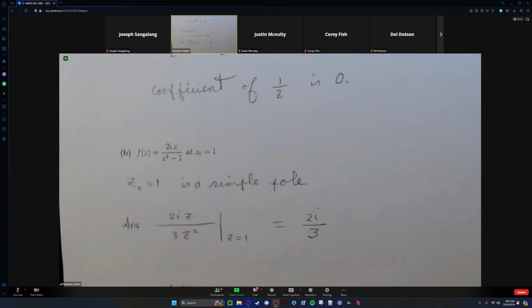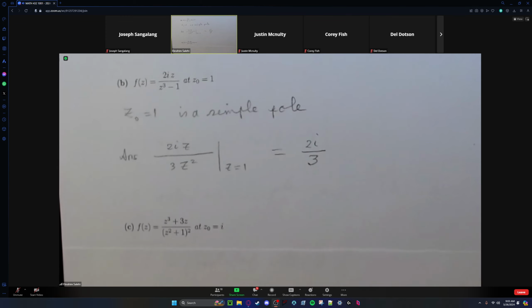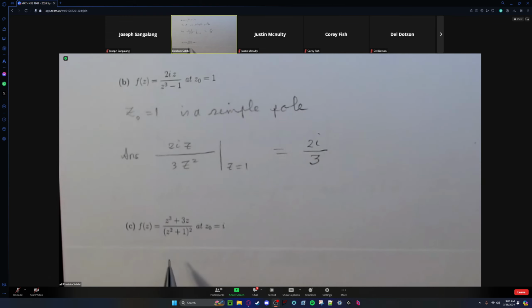Part C. Oh, by the way, this problem had 15 points. Each part has 5 points. Well, again, singularities of this function are zeros of denominator. And zeros of denominator, when z squared is -1, that means zeros of denominators are plus minus the square root of -1, which is i.